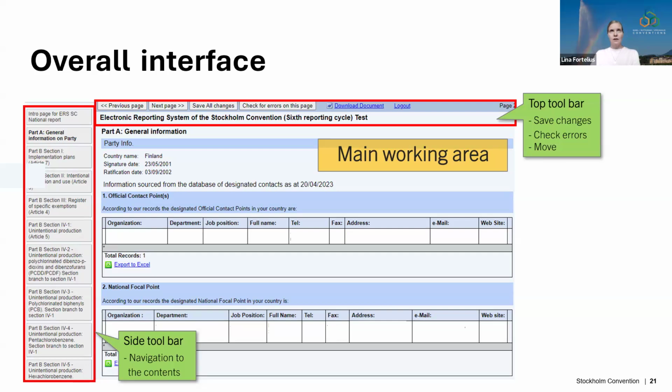You can either download the full report, and that is not filled in, that could be shared with colleagues in ministries, or you could download the filled in questionnaire for your country. So this is something that has been updated. There is also the logout button when you are done.